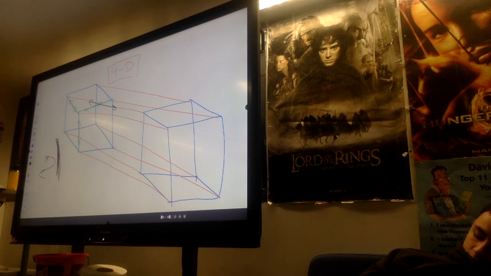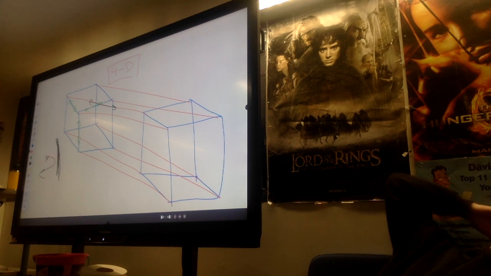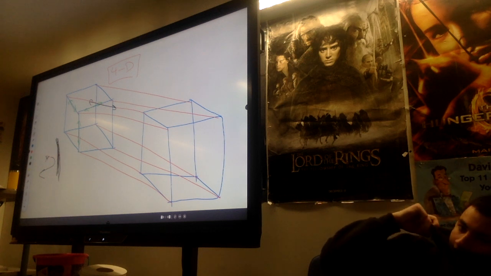Multiple dimensions exist. They have up to 11 dimensions that are defined in physics. A lot of the dimensions actually take place at the smaller molecular level or in great space. Okay?